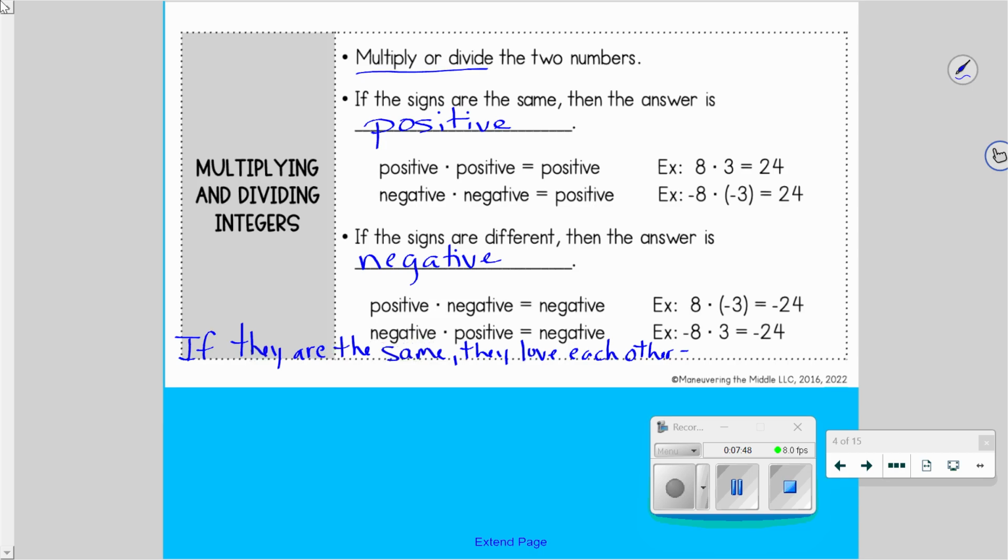Love is the best feeling of any of them. They're going to be happy. So it's a positive relationship. Even if they're both negative, because they're the same, they love each other, your answer is positive. If they're both positive, they love each other, it's the same thing. The answer is positive.